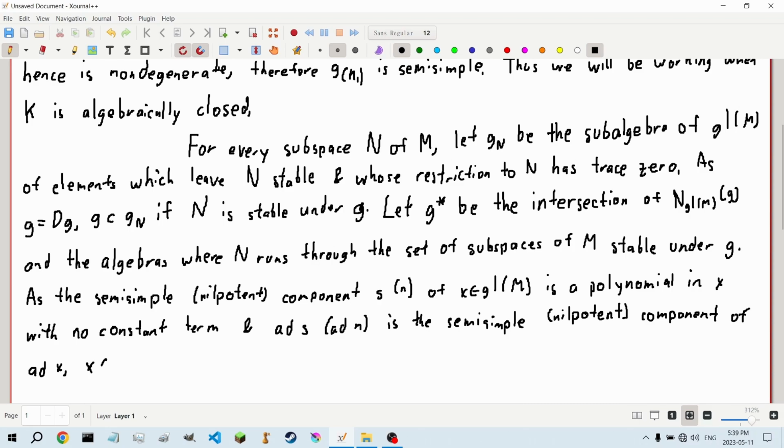Then X being in G star implies that S is in G star and N is in G star. Thus, we're going to show that G star is just G.